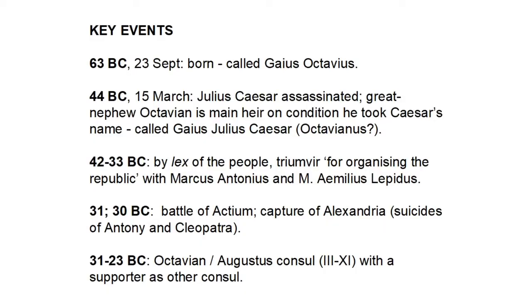And they eventually start having little civil wars, and eventually they have a big civil war, which ends with the Battle of Actium, the Sea Battle of Actium, in which Antony and Cleopatra's fleet, for reasons we never really understand, sort of don't engage and run off. And then Octavian's forces capture Alexandria, and that is really the key thing. In August 30 BC, Alexandria is captured. Antony and Cleopatra, you all know, commit suicide, right?